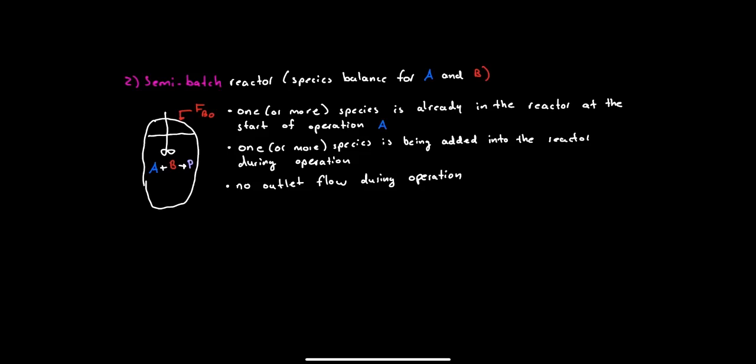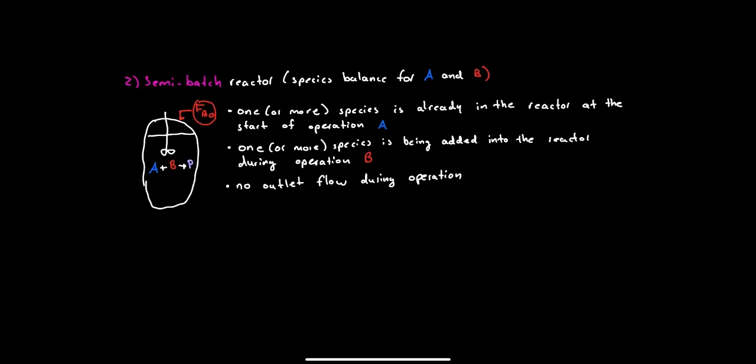And one or more species is being added into the reactor during operation. Here it would be our species B, which is being added to our reactor during the process. And we have no outlet flow during the operation.